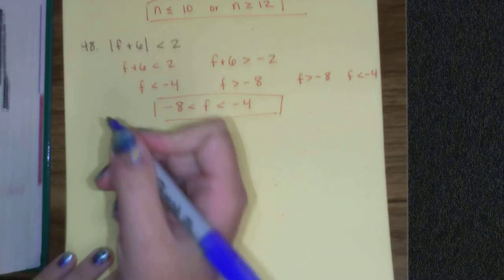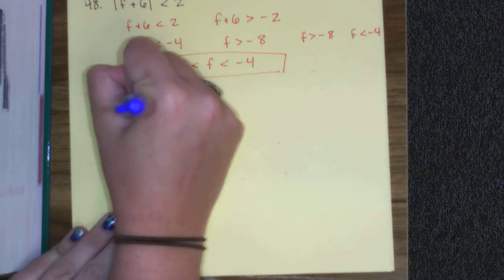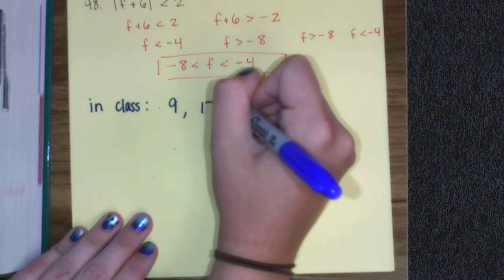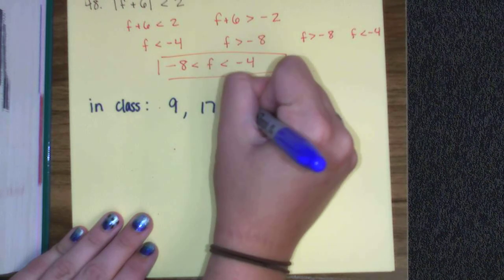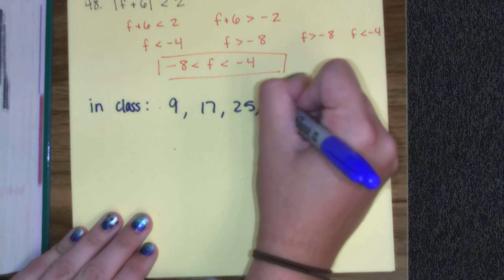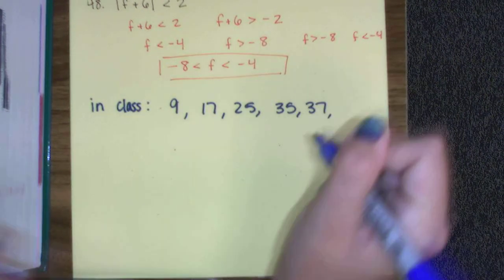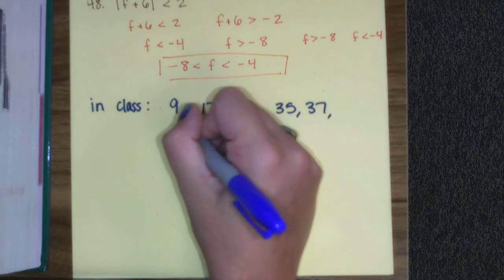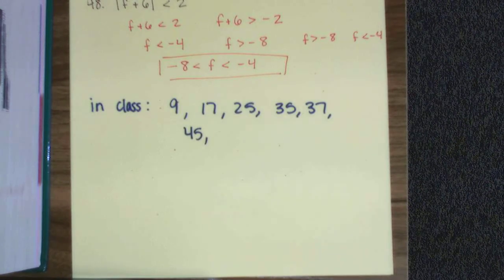All right. 9, 17, 25, 35, 37, 45, and 55.